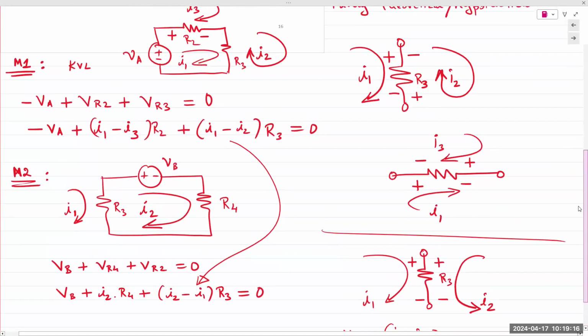Look at both the circuits, look at both the equations. Let me know if you have questions. Does that make sense?